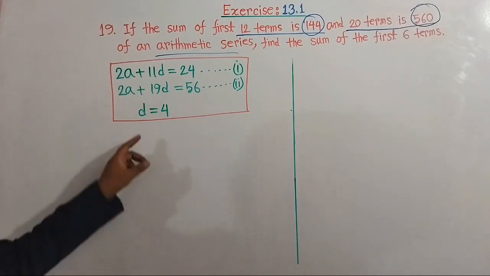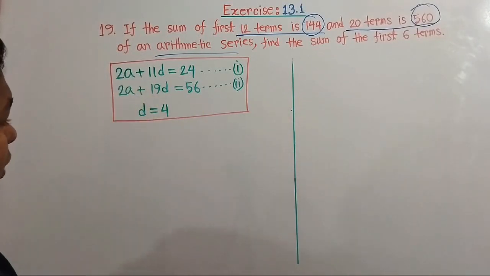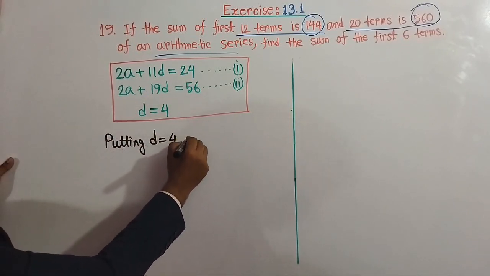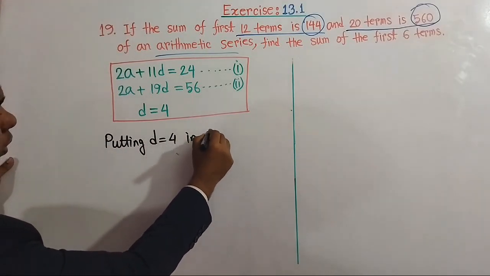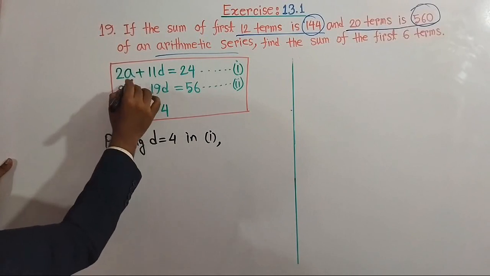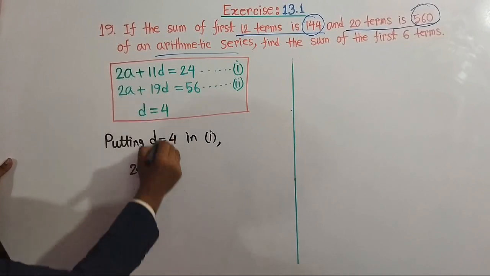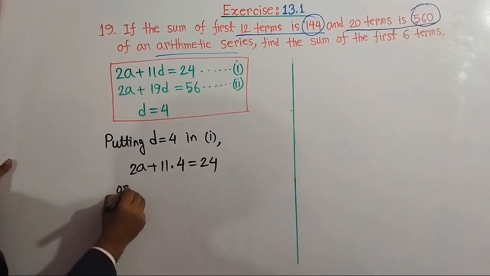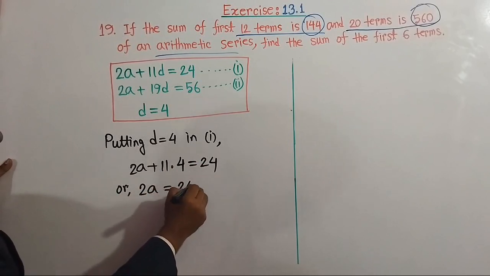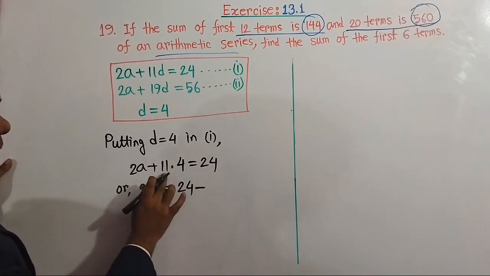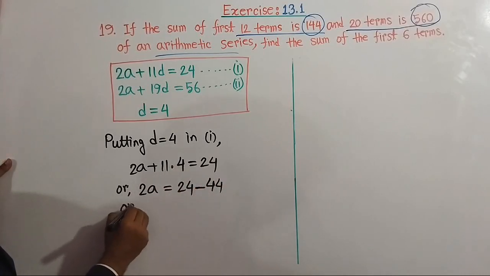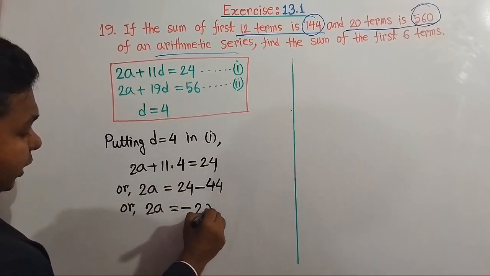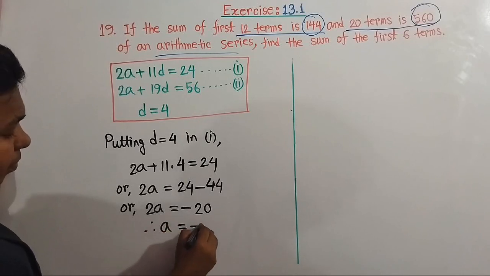Now we put d equal to 4 in equation number 1. So in equation 1, 2a plus 11d, so 11 into 4, equals 24, or 2a equals 24 minus 11 into 4, which is 44, or 2a equals 24 minus 44 equals minus 20. So the value of a is minus 10.